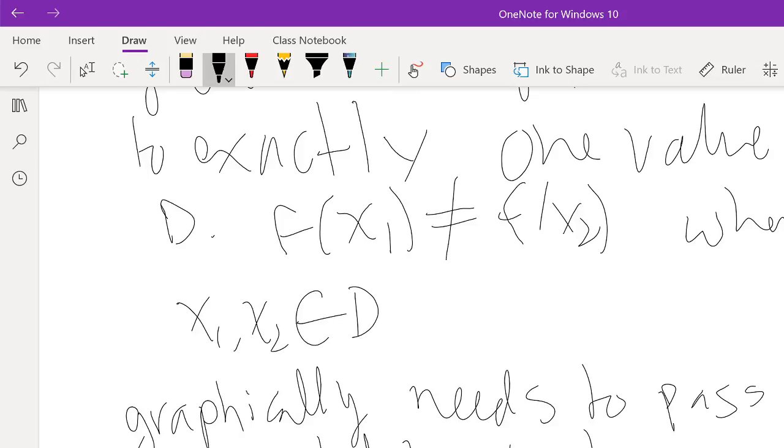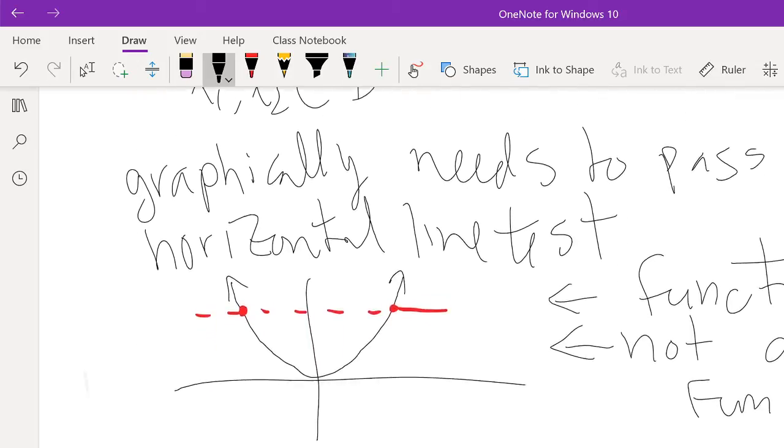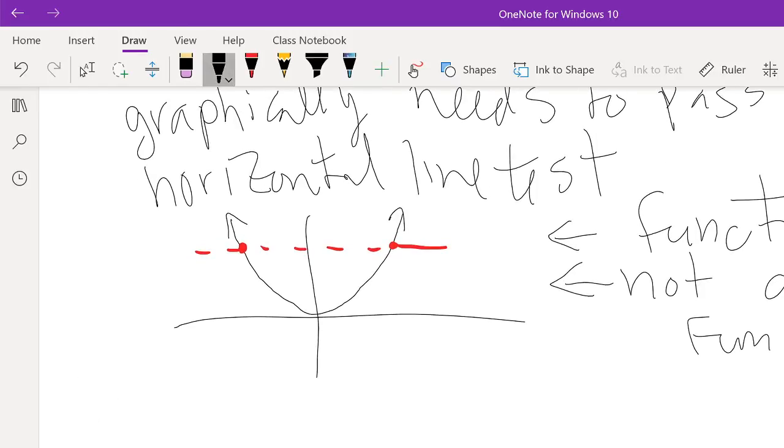Okay, so a one-to-one function would look maybe something like our basic cubic function, where it looks something like this. Definitely a function, passes the vertical line test.